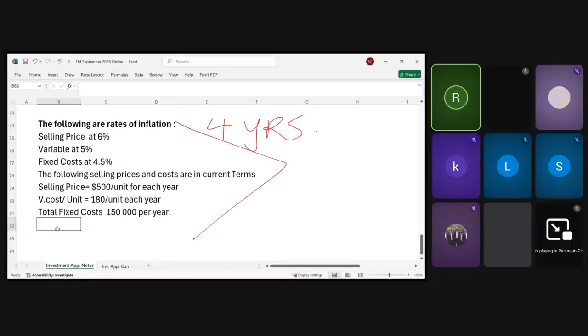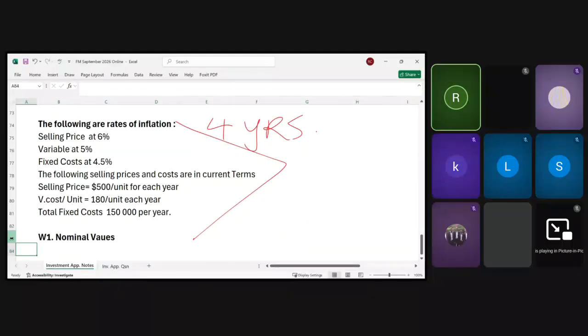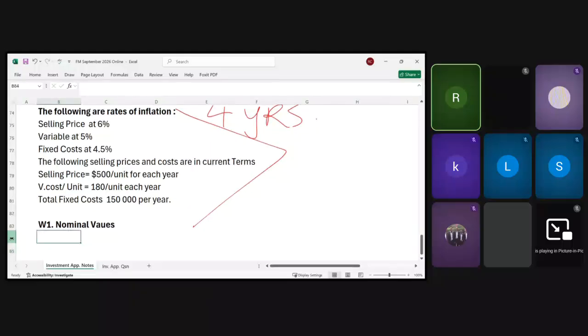All right, I'm going to show it as a working. Probably working number 1, I have nominal values. So my nominal values of selling prices, variable cost, and fixed cost. Let me put my year 0, 1, 2, 3, 4. I have my 4 years here.